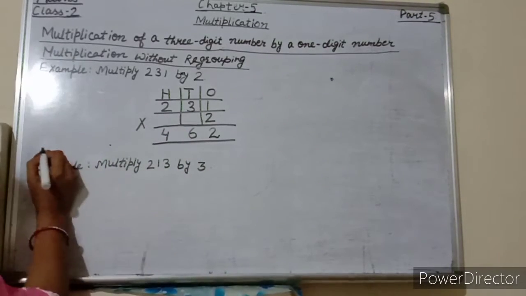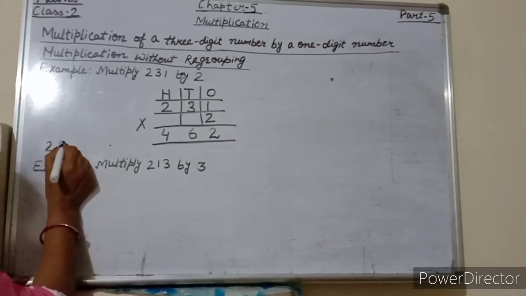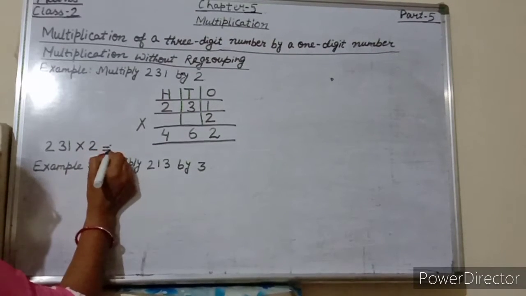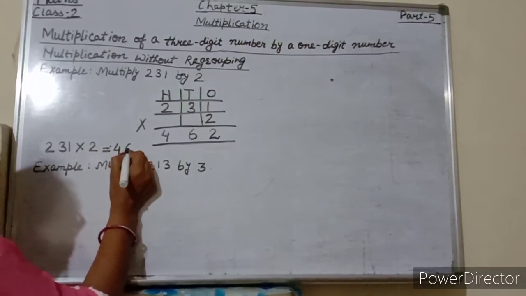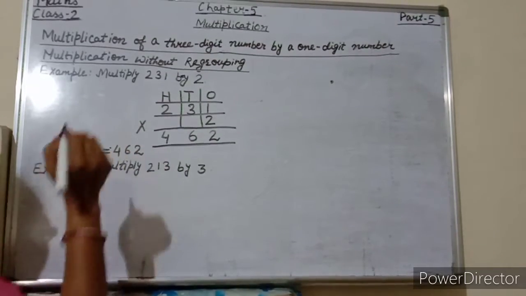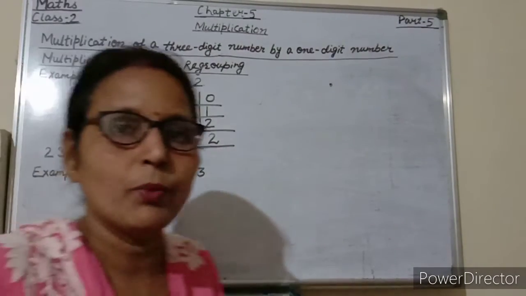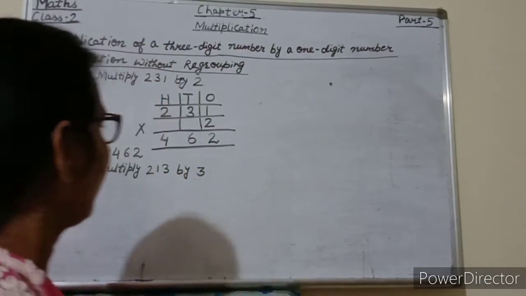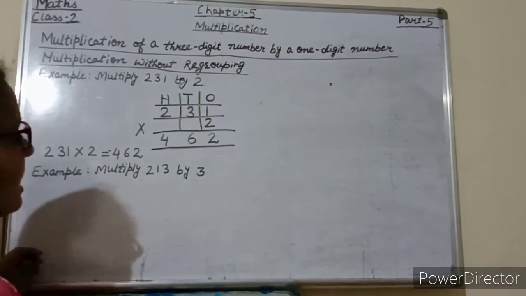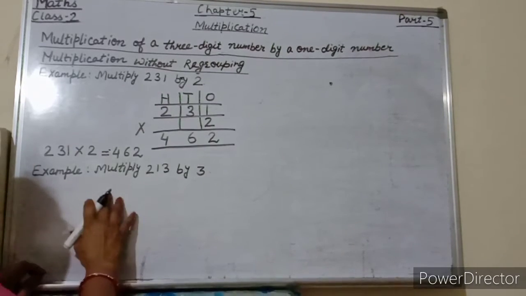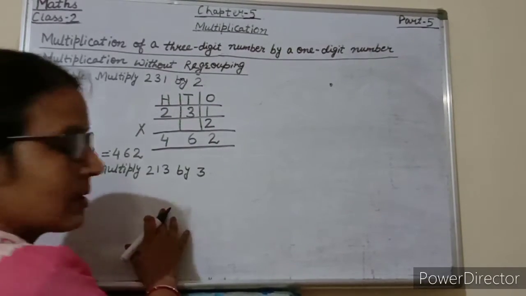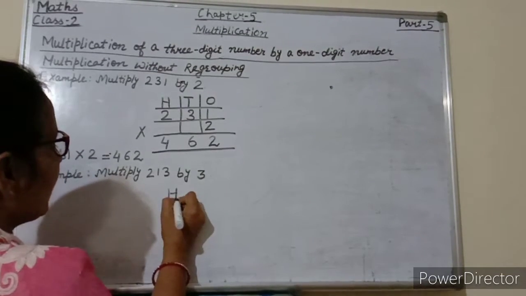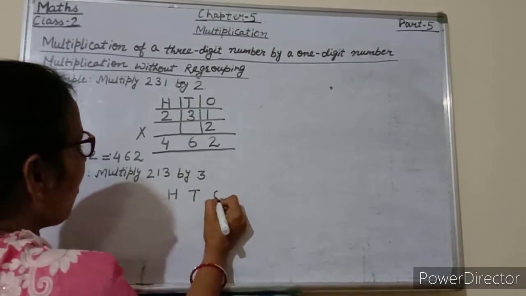So students, 231 into 2 is equal to 462. Now one more example I am going to give you. Start, students. Again, what do you have to do? Again you have to arrange these numbers in columns. Write hundreds, tens, ones.